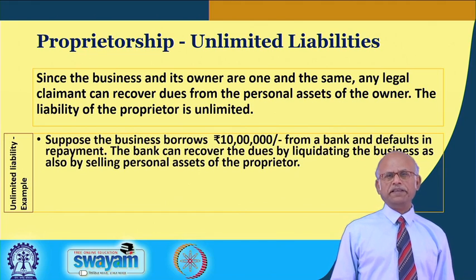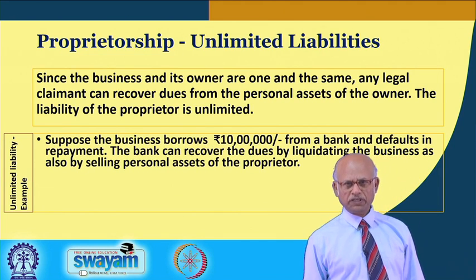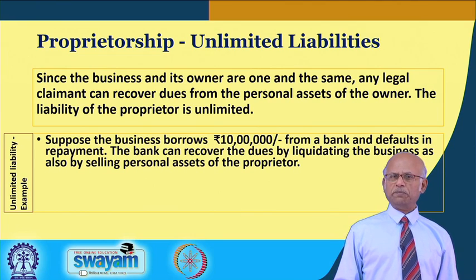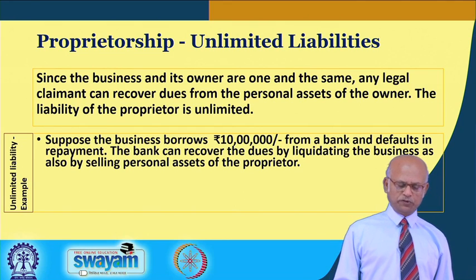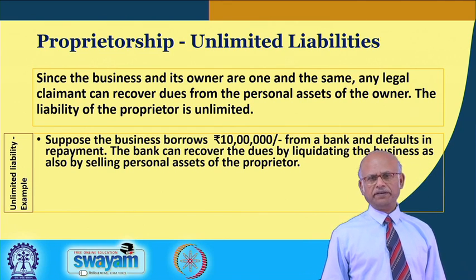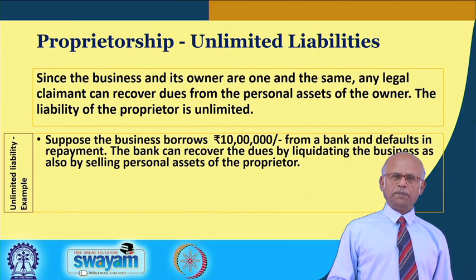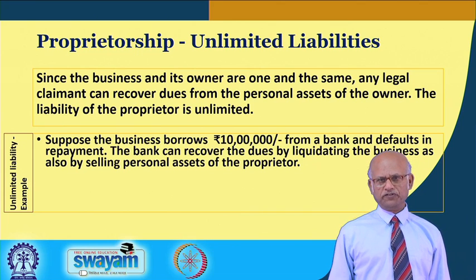Just to explain this with an example, suppose the business borrows 10 lakh rupees from some bank, and then for whatever reason the business does not fare well, and it defaults in the repayment of the loan and interest.